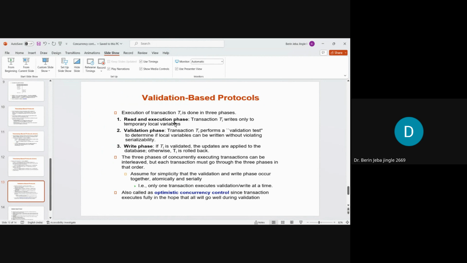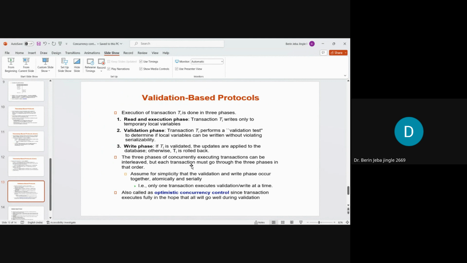In the validation phase, it performs a validation test to determine if local variables can be written without violating serializability. In the write phase, if TI is validated, the updates are applied to the database. Otherwise, TI is rolled back.